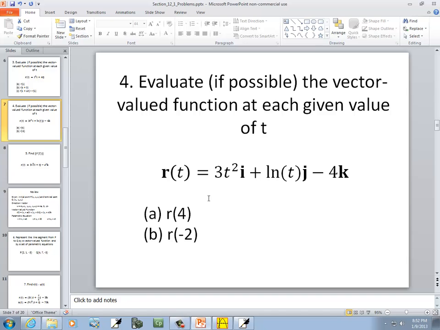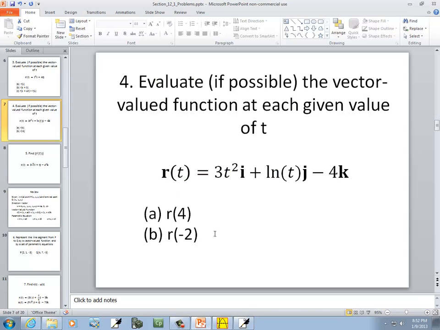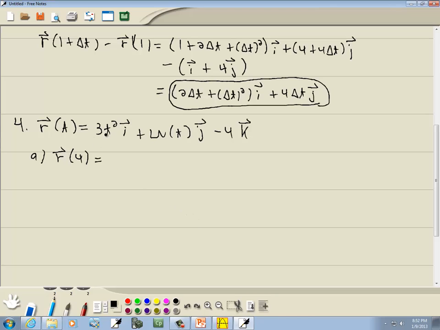Of course, i, j, and k are vectors, and we want to find where t is equal to 4. So we'll put 4 in for t. So we've got 3 times 4 squared i plus natural log of 4 j minus 4k.